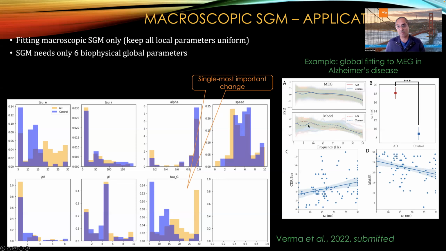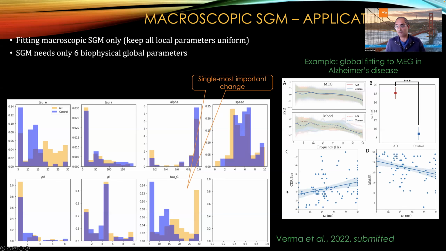And the model is also able to recapitulate that as shown in the bottom of that plot A. But the way it is able to recapitulate that is by shifting the time constant of the network, tau g, from about 8 or 9 milliseconds to 18 or 20 milliseconds. So it's leading to a much slower neural response, and that's causing the model to shift everything, the alpha band to shift left, the delta theta to shift right, and to produce the right kind of spectrum across the entire wideband MEG frequencies from 0 to 45 hertz. I'm only showing you 35 hertz here.